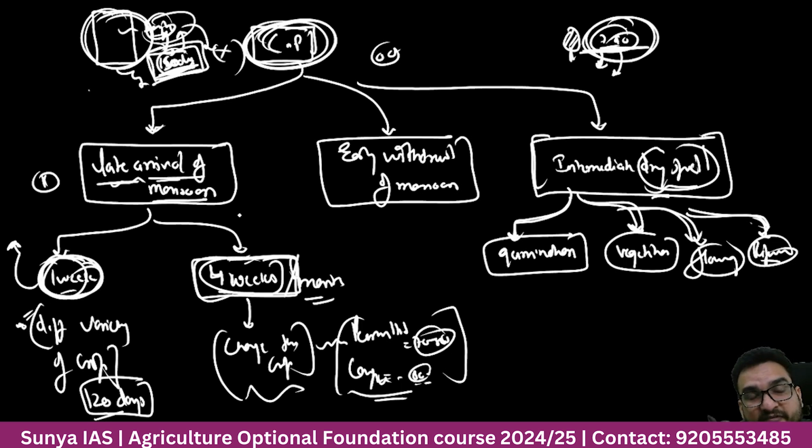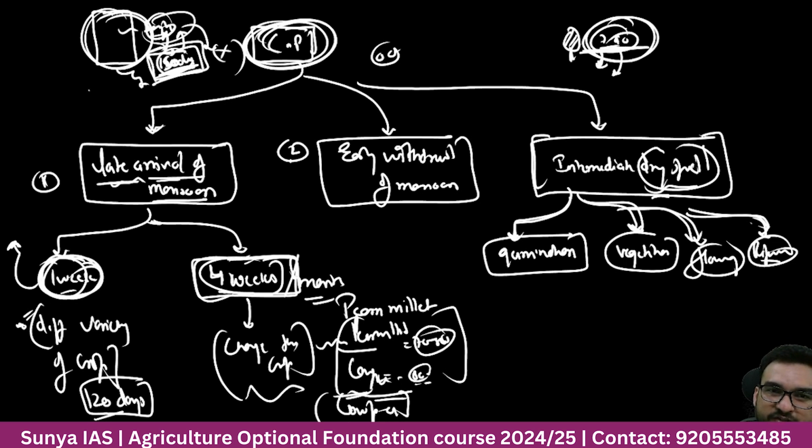But if I follow my contingency plan, and according to the contingency plan I have late arrival of monsoon, one condition. Sub-condition: if I have 1 week late arrival of monsoon, then I'll go for a different variety of that particular crop I was growing. If I'm getting monsoon 1 month or 4 weeks late, then I'll change the crop and go for pearl millet and cowpea. Here these examples are important: pearl millet and cowpea.